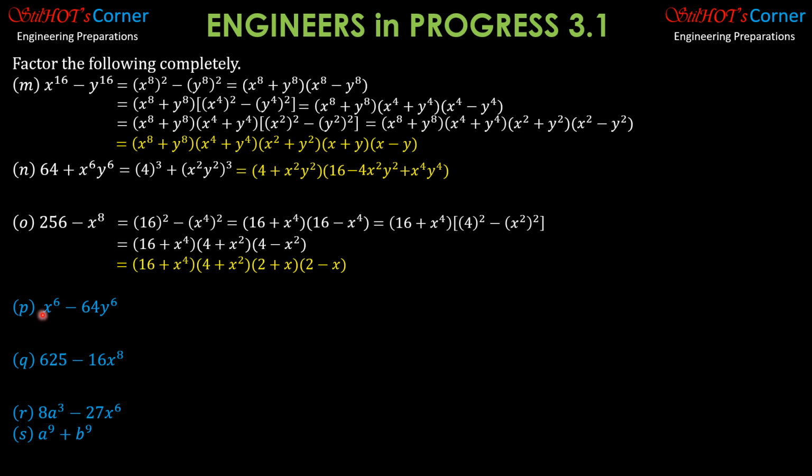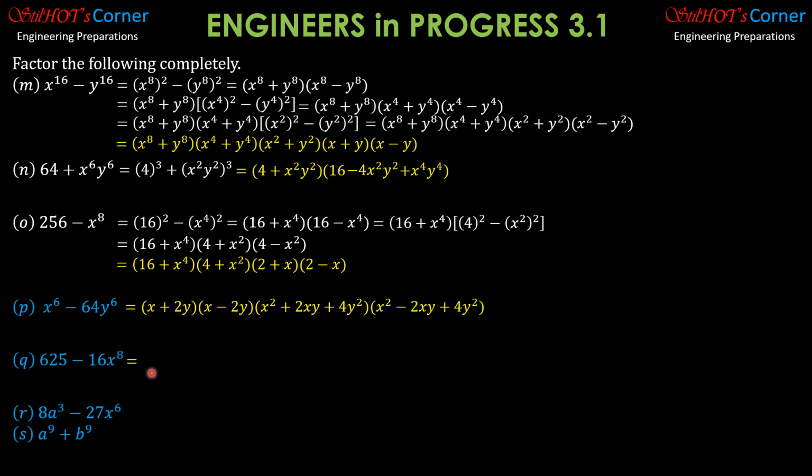Then for your part, show that the complete factored form for part B is equal to x plus 2y, then the quantity x minus 2y, the quantity x squared plus 2xy plus 4y squared, then the quantity x squared minus 2xy plus 4y squared.